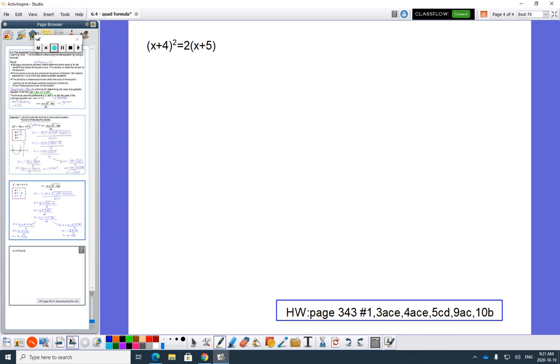And then this question, can we solve this right away? No, it needs to be in ax squared plus bx plus c equals 0 first.